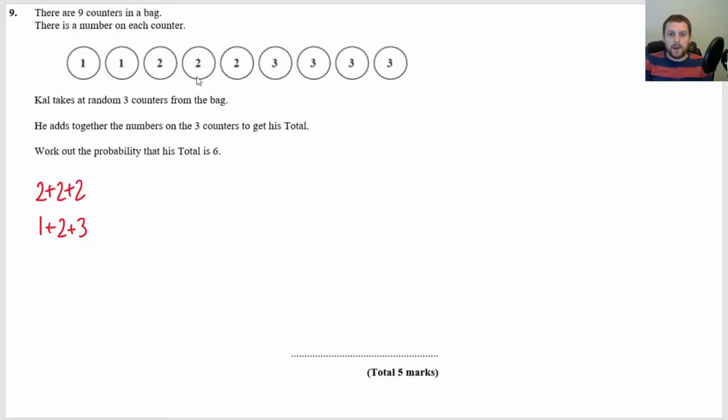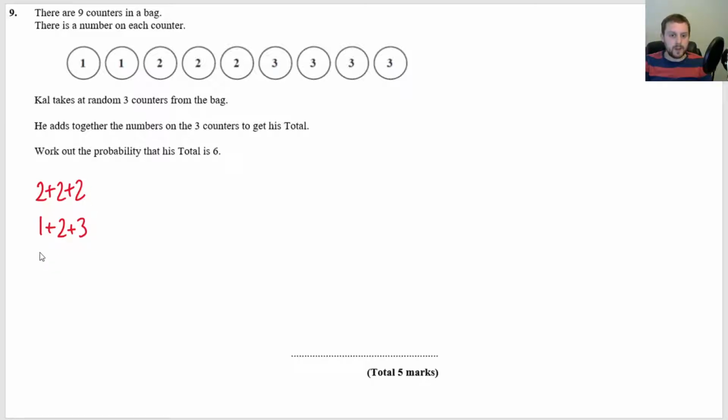If there's a 2 involved, then the first one could be 2. If the second one isn't a 2, then it might be a 3, it might be a 1. So it could be 2 add 1 add 3. In fact, don't we just have all the 6 versions of this? So we've got 1 add 2 add 3. Let me write them a bit more systematically.